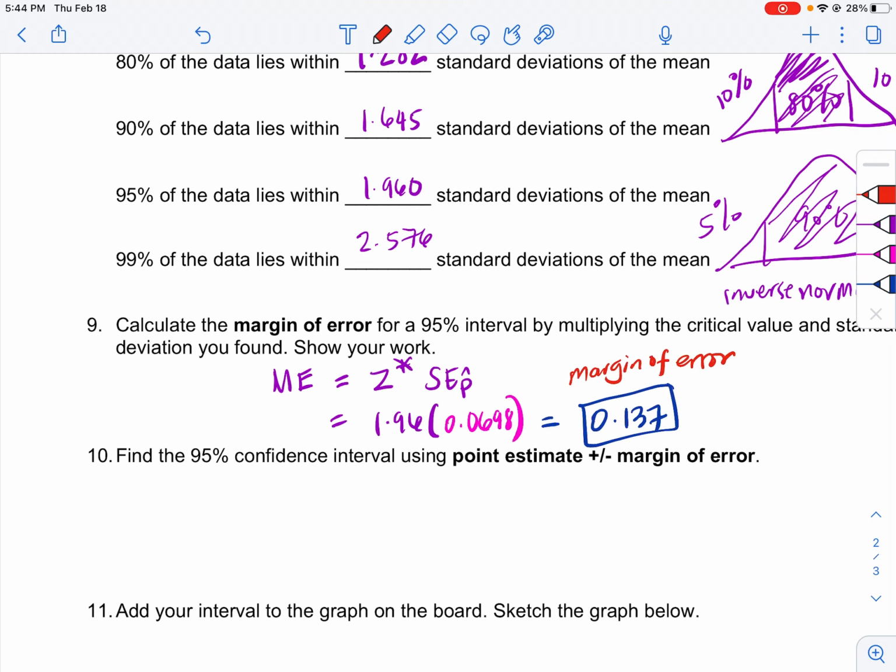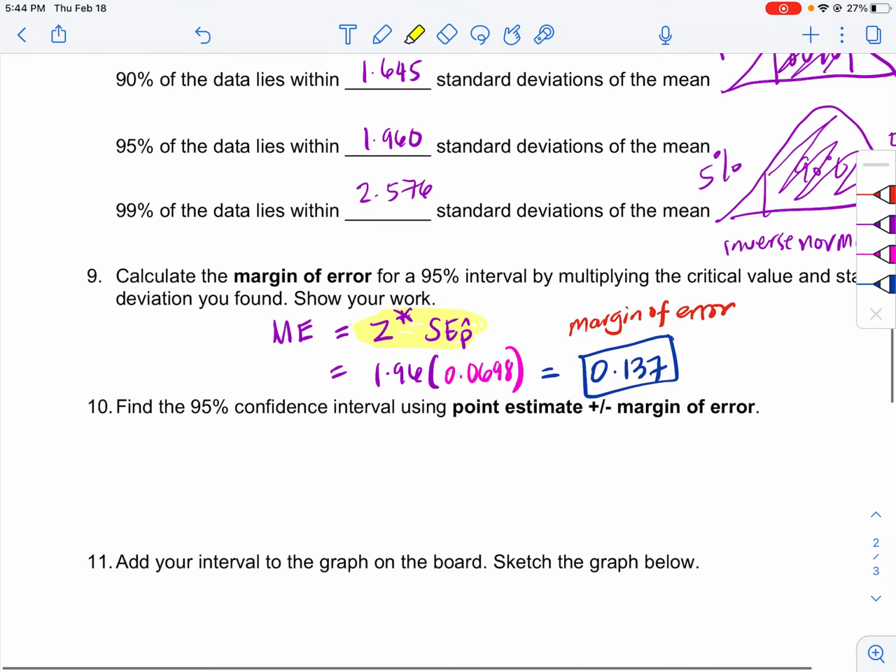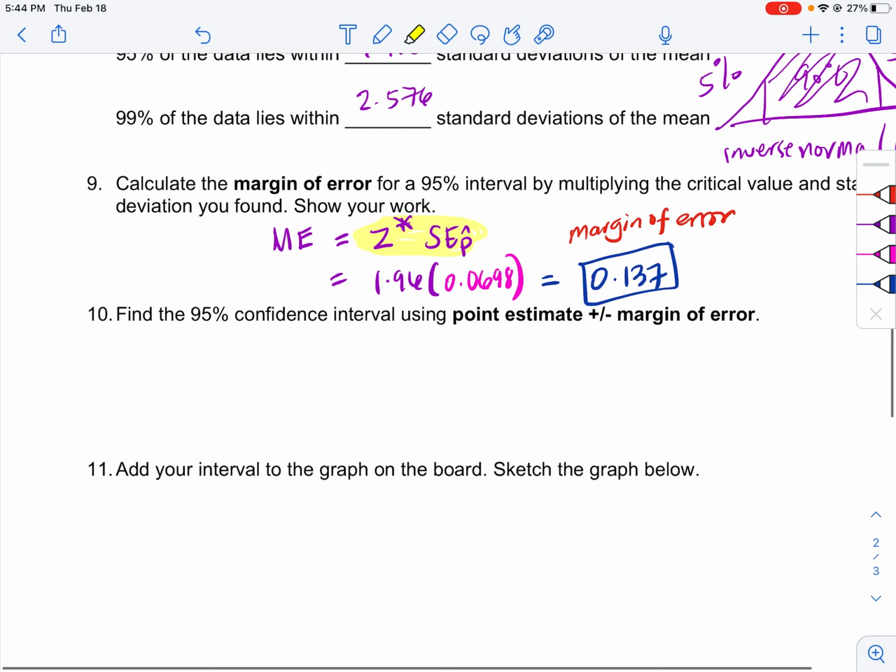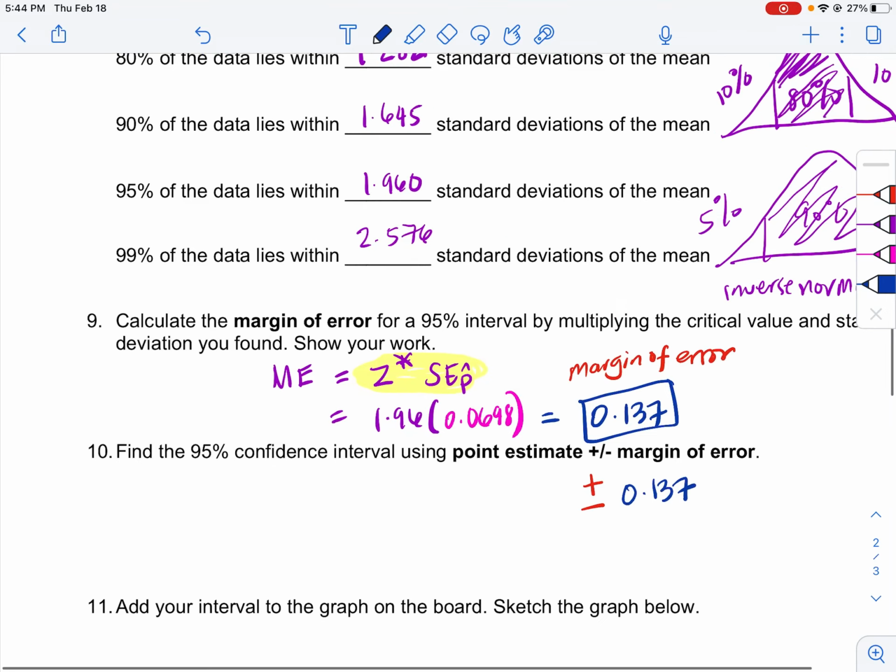So now we know that the formula for margin of error is just getting the z-score and multiplying it with the standard error or multiplying it with the standard deviation. Hopefully that is making sense. Find the 95% confidence interval using point estimate plus and minus margin of error. Okay, I know my margin of error is 0.137. And then my point estimate is my sample proportion.